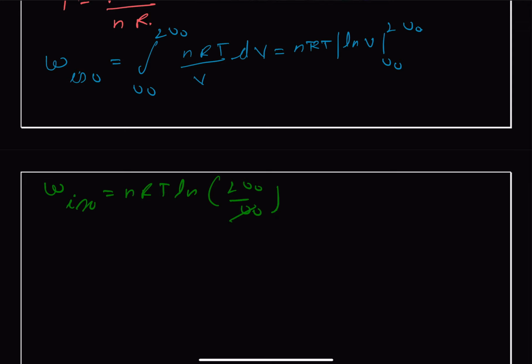V naught cancels out, so this comes as natural log of 2, and nRT is our P V naught, and natural log of 2 is 0.693.